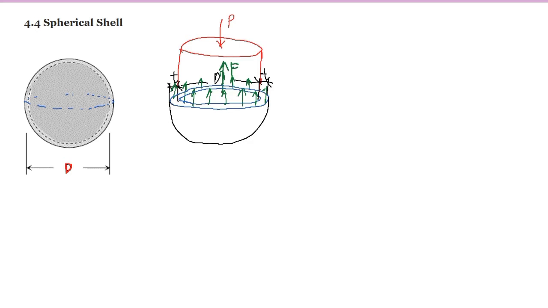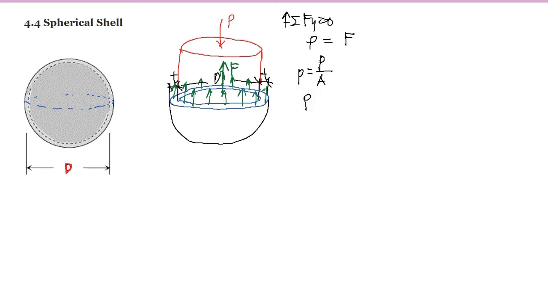So if we are going to summate forces vertical is equal to 0, we know that the total internal pressure is just equal to total wall pressure. So for the pressure is equal to the force P over the area.